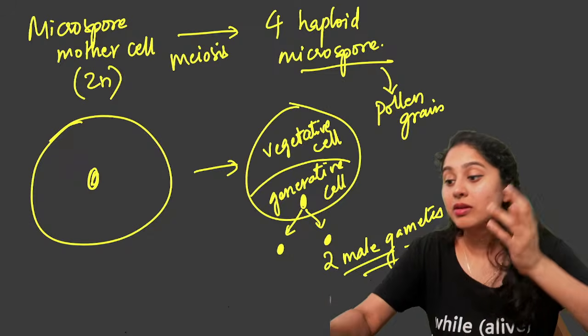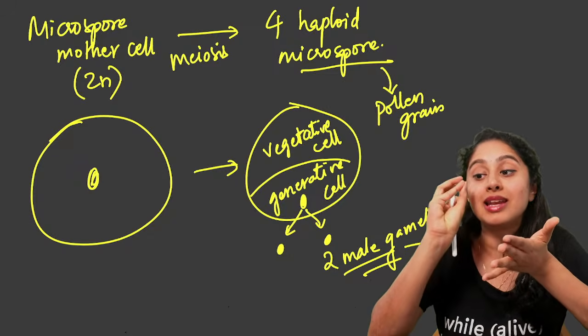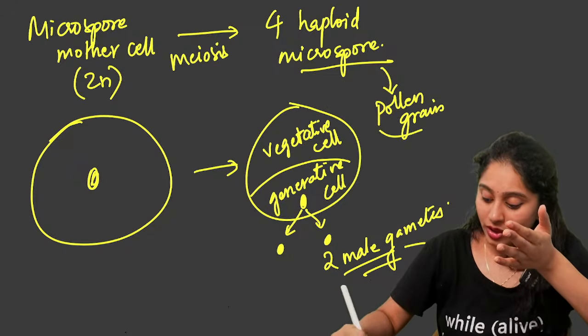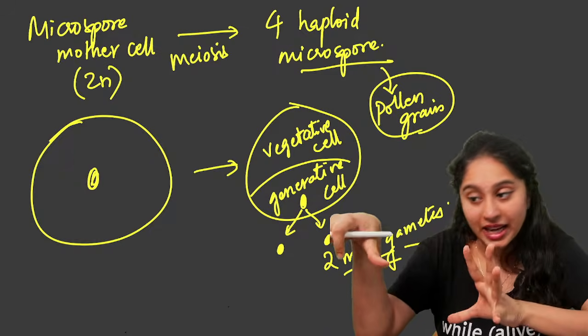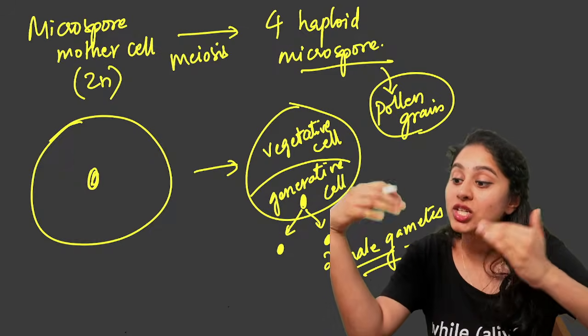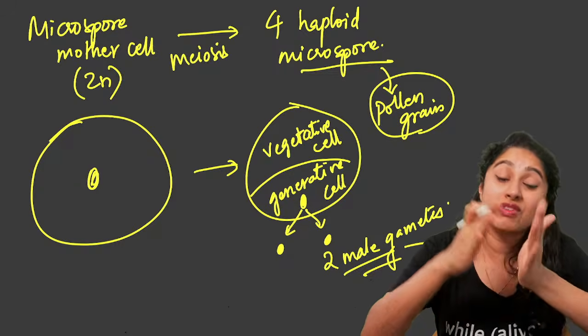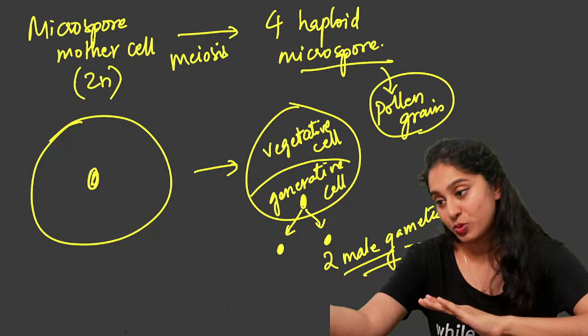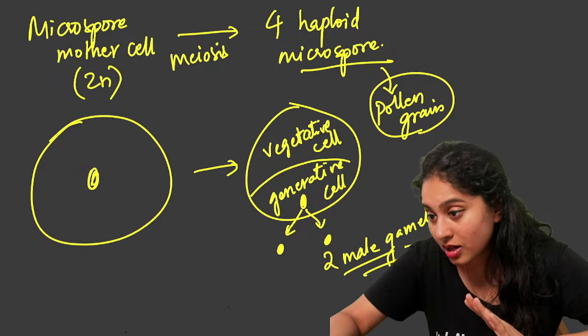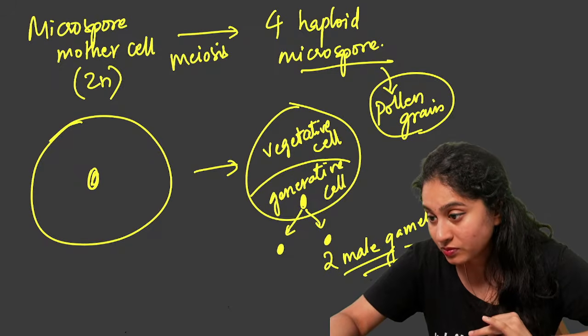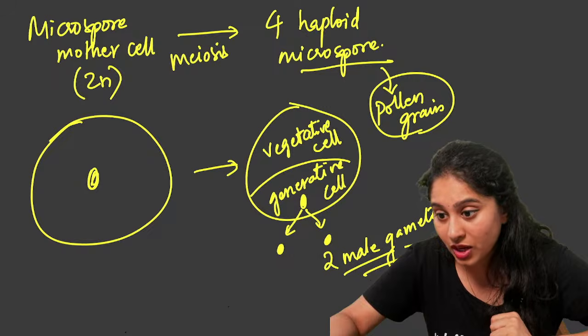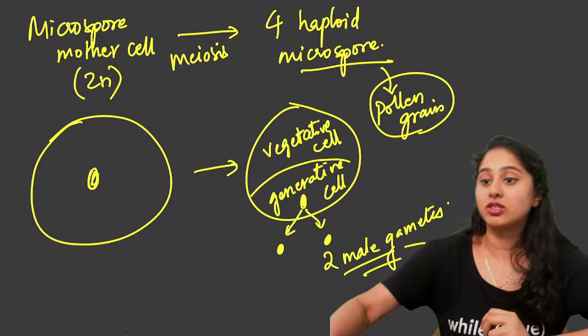The microspore is the last cell that is going to differentiate into the pollen grain. The microsporangium is the starting tissue, the sporogenous tissue, which gives rise to the microspore. Is that clear to all of you? Perfect. Now this is about your androecium.